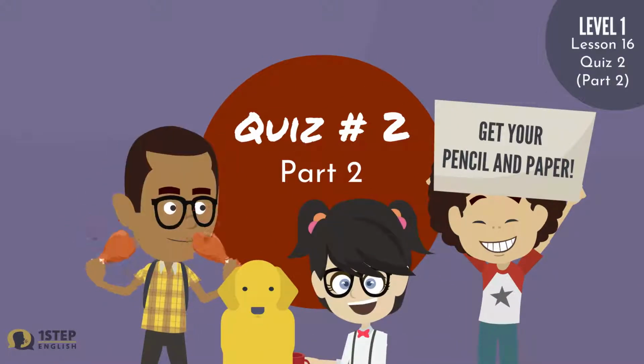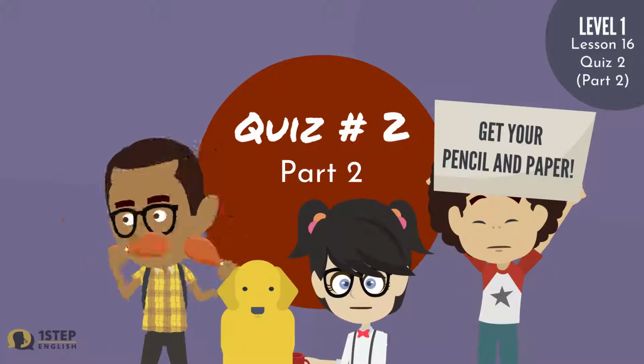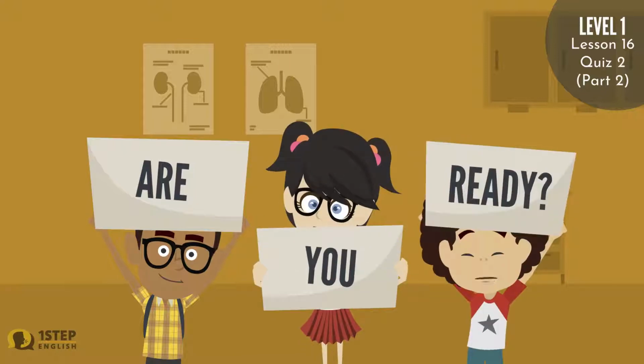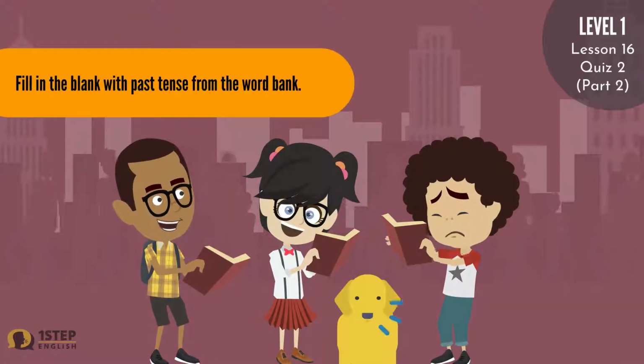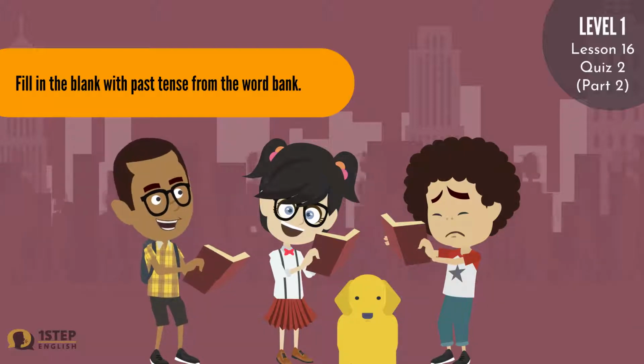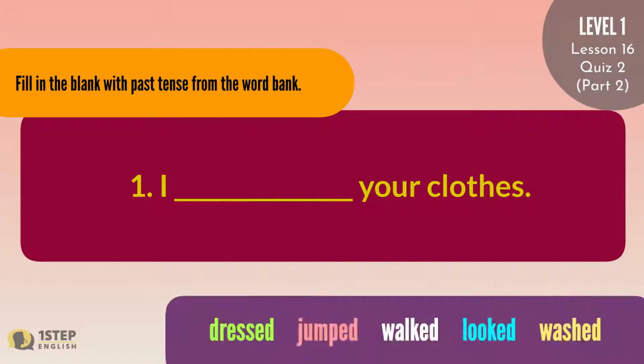Quiz number 3. Part 2. Ready your pencil and paper. Are you ready? Fill in the blank with the past tense from the word bank. Number 1. Are your clothes?